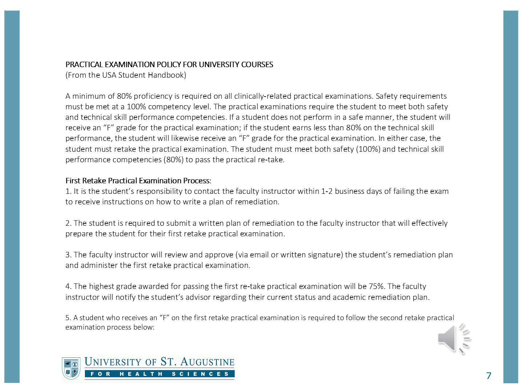You'll submit that email and your instructor will review it. If that remediation plan seems appropriate, the faculty will then schedule you for your first retake when that schedule is available. If you pass your first retake, then you will receive a maximum score of a 75% for that practical exam.